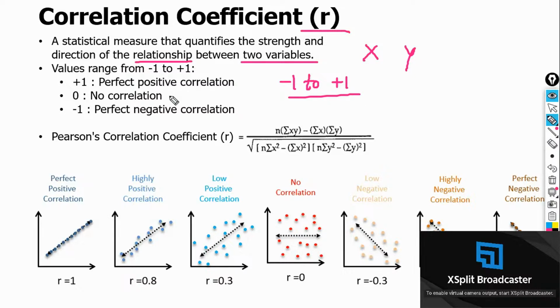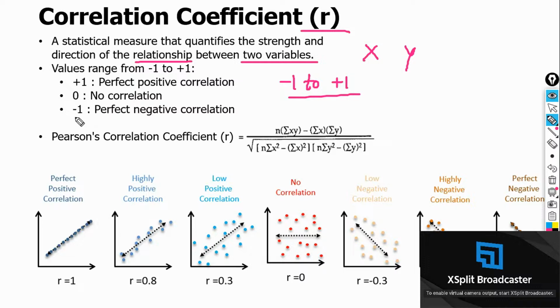So what do the values represent? If r equals 1, it means perfect positive correlation. If the r value is 0, we can say no correlation. There is no relation between the variables. What if the value of r is -1?